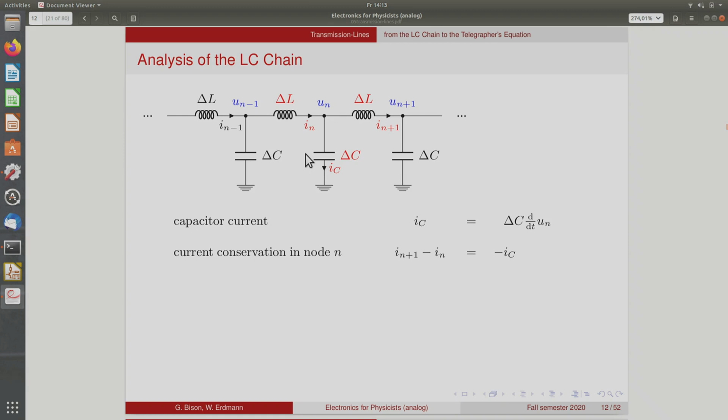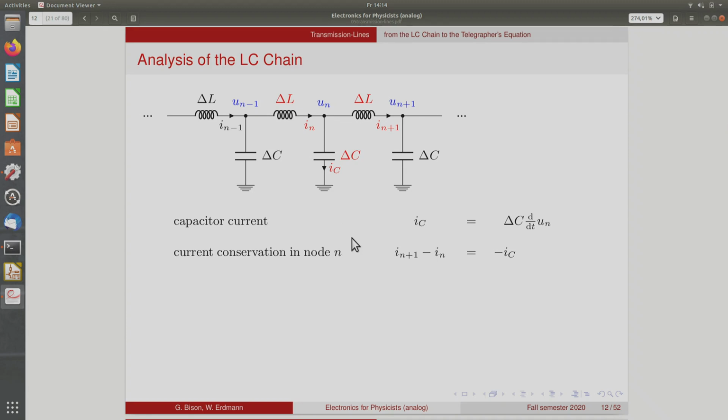Then the next equation that we need is the current conservation in this node here. So the incoming current is the sum of the capacitor current plus the outgoing current. Or if we write this differently, the difference between the outgoing and the incoming current is the capacitor current with the minus sign in the sign convention here.